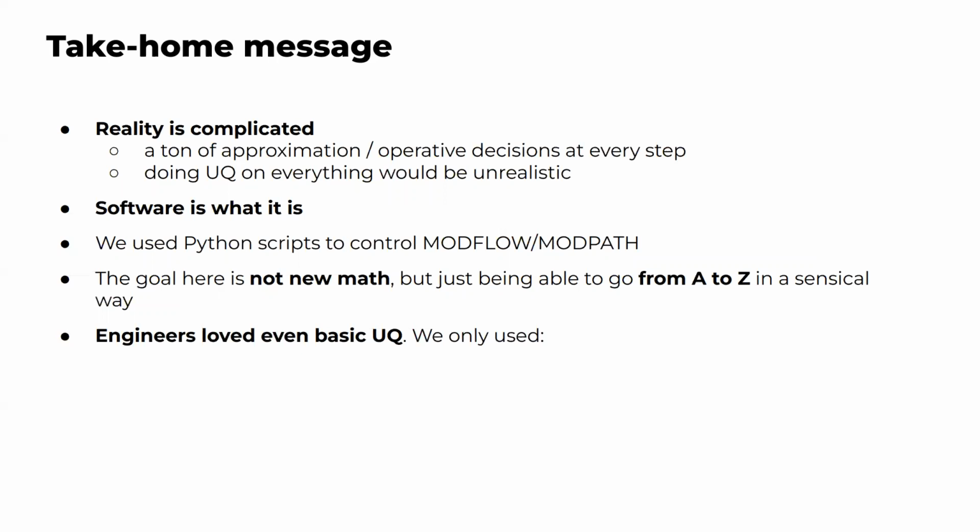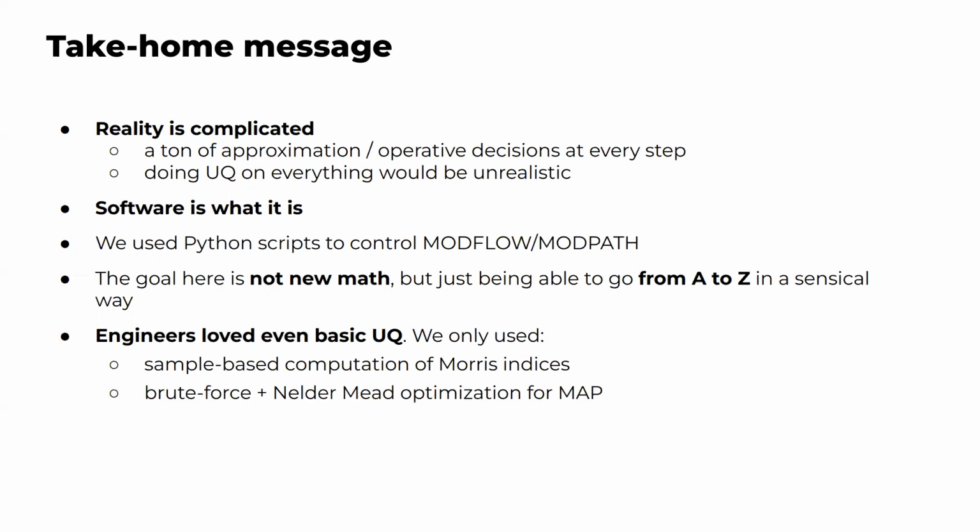And we found out that the engineers loved our UQ, even the basic one. So there's no really advanced UQ at stake here. There's computational Morris indices by sampling. The MAP point for the nominal values of the parameter is found by brute force optimization plus Nelder-Mead, so simplex derivative-free optimization.